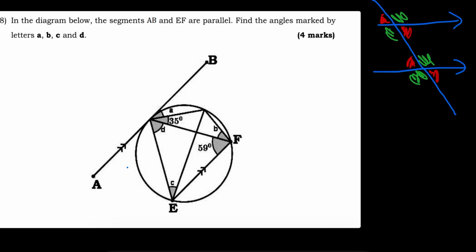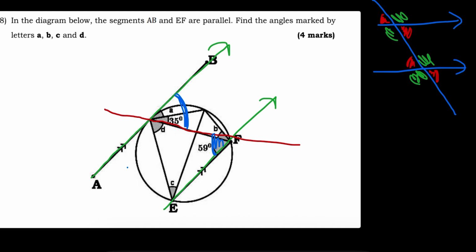Okay, and we have in our question that AB and EF are parallel. So hopefully that's going to be useful. For example, if we look at this line, then we see that this 59 degrees should also be A plus 35, right?